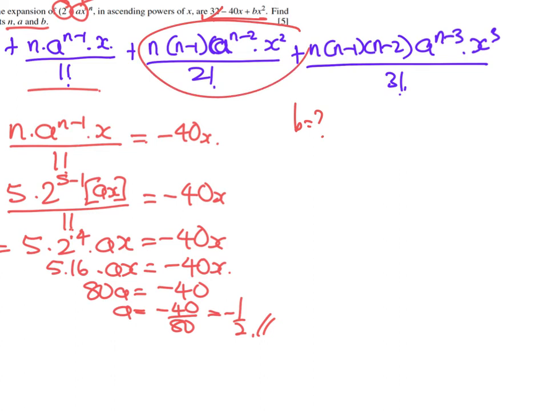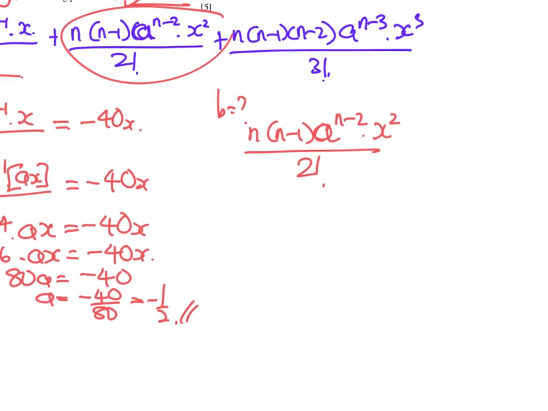Let's use that: n(n-1) a^(n-2) times x squared over 2 factorial, and this is equal to bx squared.